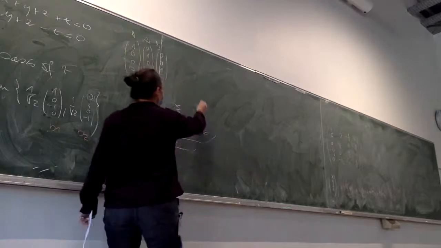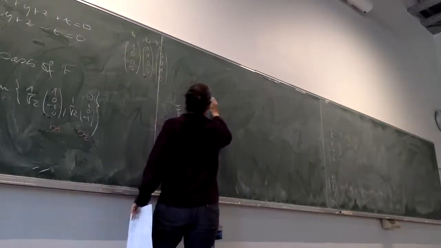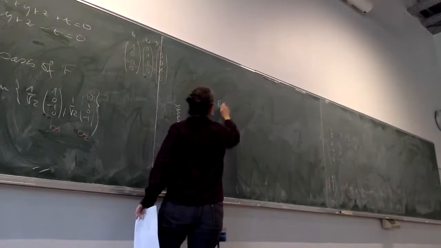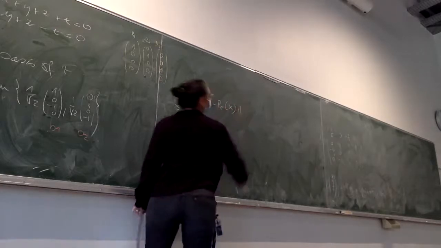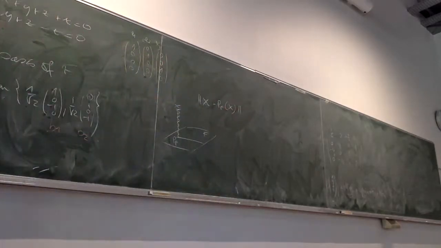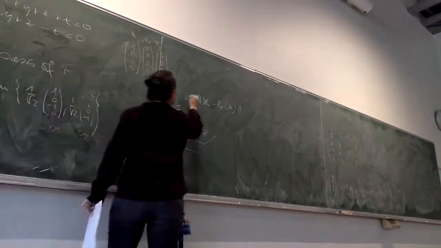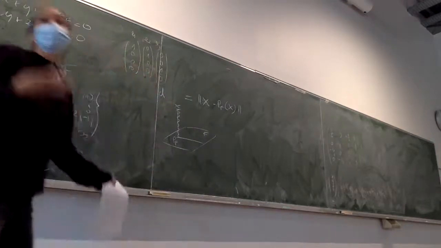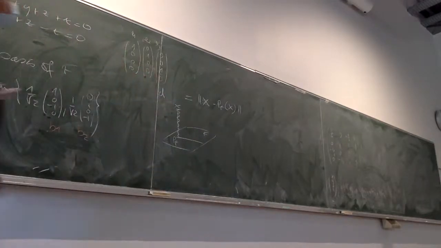So what we want to measure really is x minus p of x. Right? That's a definition, but we can understand it very intuitively.